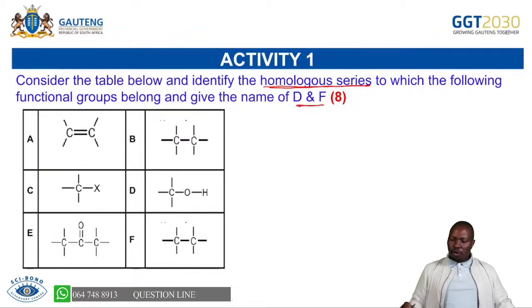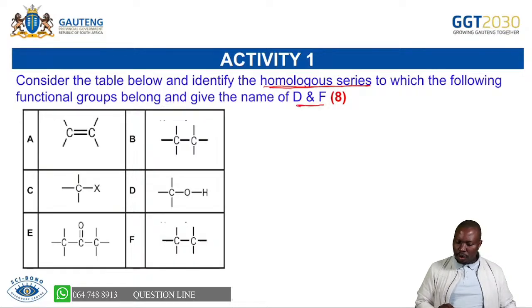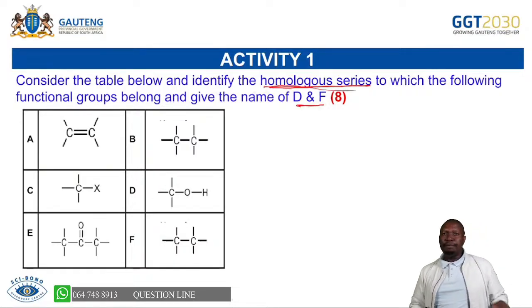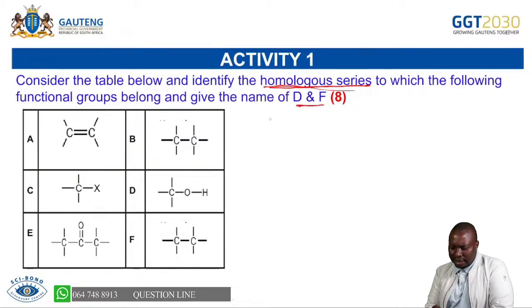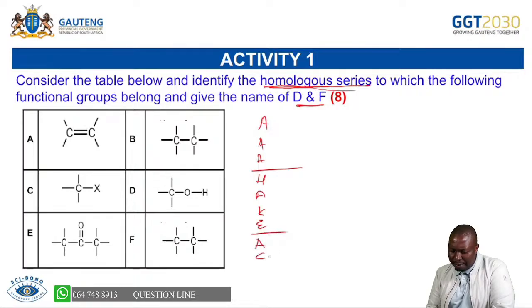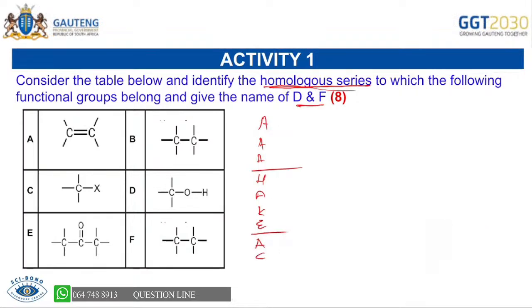Now, the first thing that we must do is consider the table below and identify the homologous series. Now remember, the homologous series we said is triple A and C. So this one is always going to help you to remember, so that you don't have a problem of knowing the 9 homologous series. And then we said, okay, the first one is alkanes, which are made up of carbon-carbon single bonds.